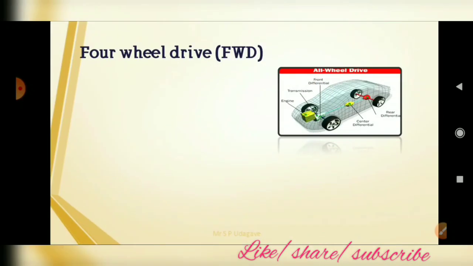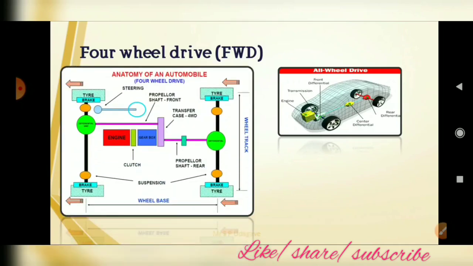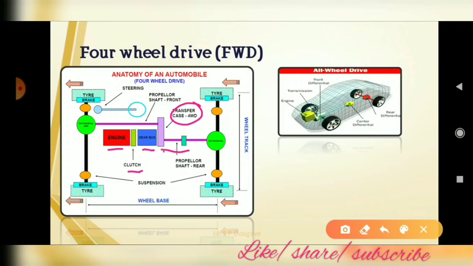Next one, the four-wheel drive. In this you can see the engine, followed by the clutch, and after the gearbox a transfer case is provided for the four-wheel drive. One link, the propeller shaft through the universal joint, transmits the torque to the differential, through which the power or torque is equally distributed and transferred to the wheels.